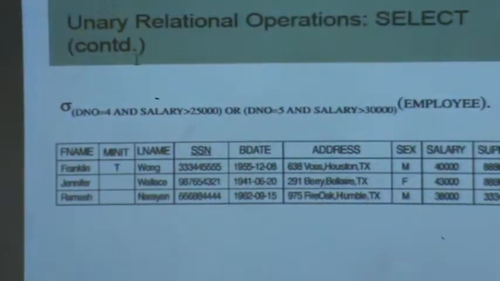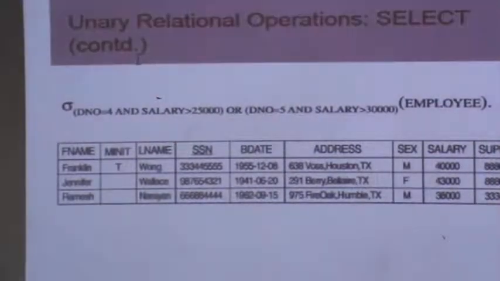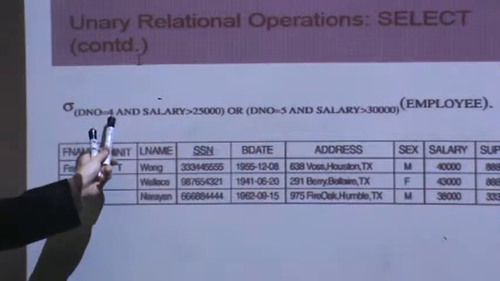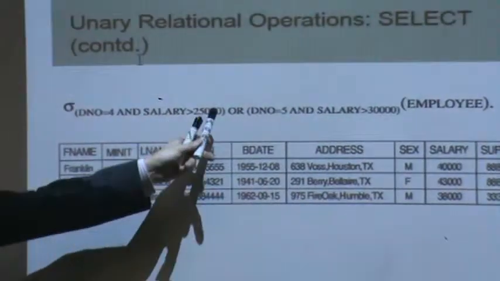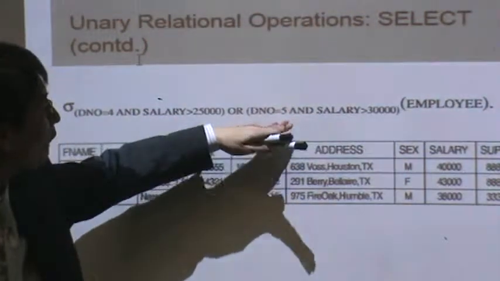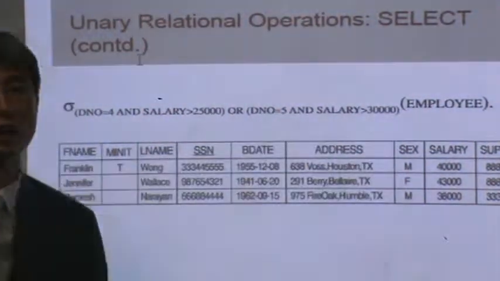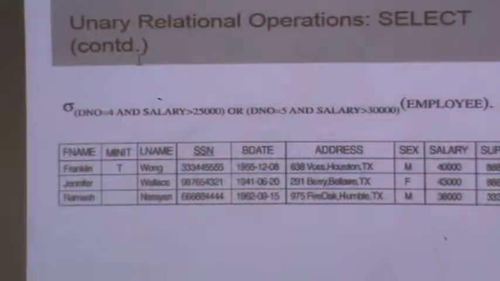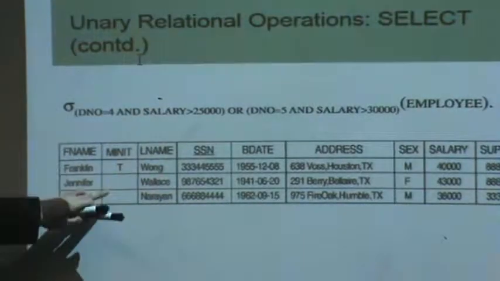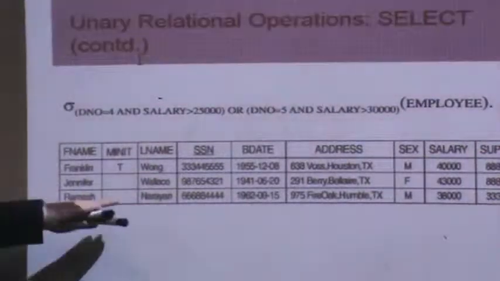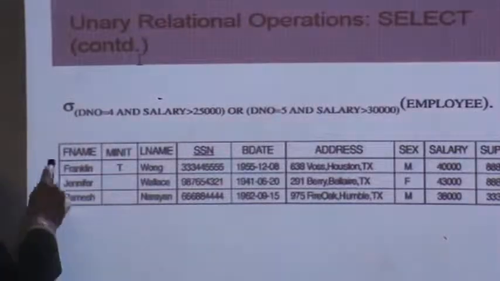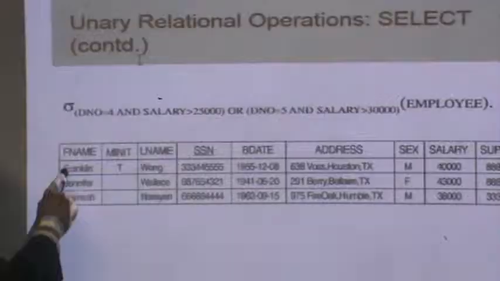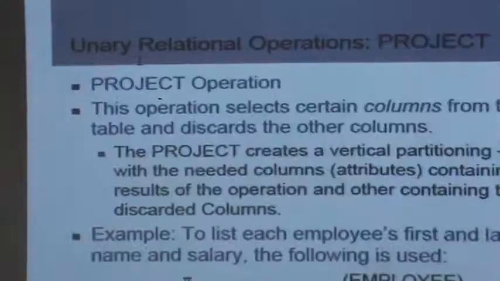We'd like to retrieve employees who work for department number 4 and whose salary is higher than 25,000, or from department number 5 whose salary is higher than 30,000. That is Franklin Wong, Jennifer Wallace, and Ramesh Narayan. So 3. As you can see, this is also a relation. This is a group of data.